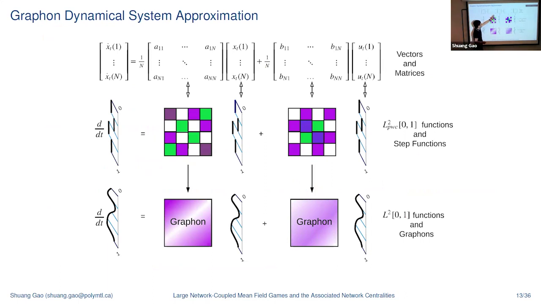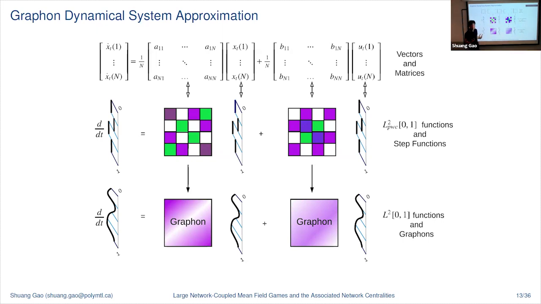We look at the linear control system. We represent the network interaction through the step function graphon that we explained earlier. And we use the same type of partition to identify an equivalent representation of the vectors as piecewise constant L2 functions, and the same for the control. Now we can identify an equivalent representation of the same system as a graphon system.